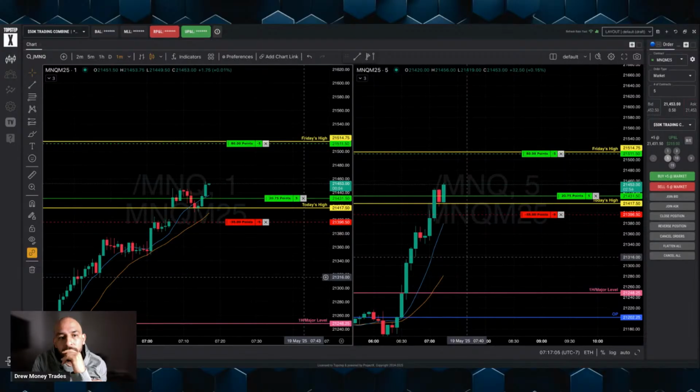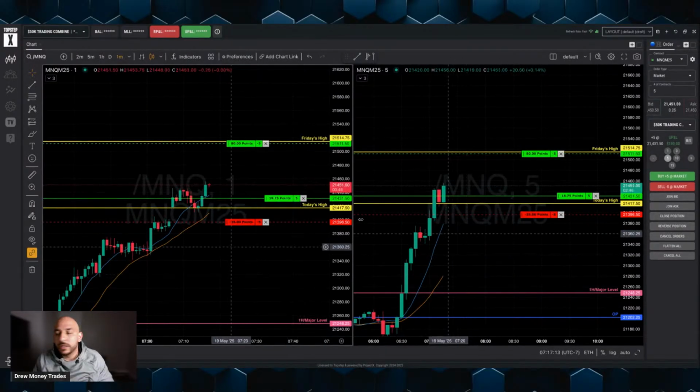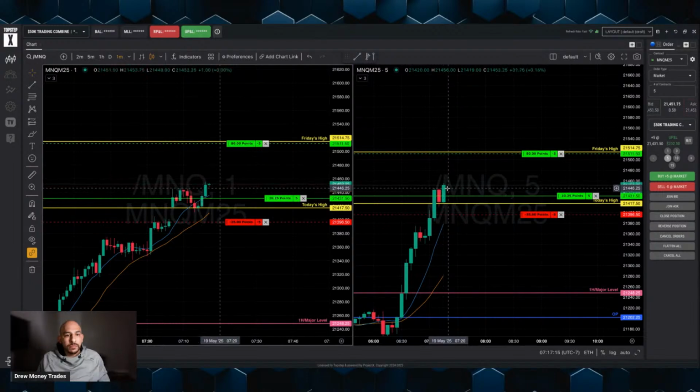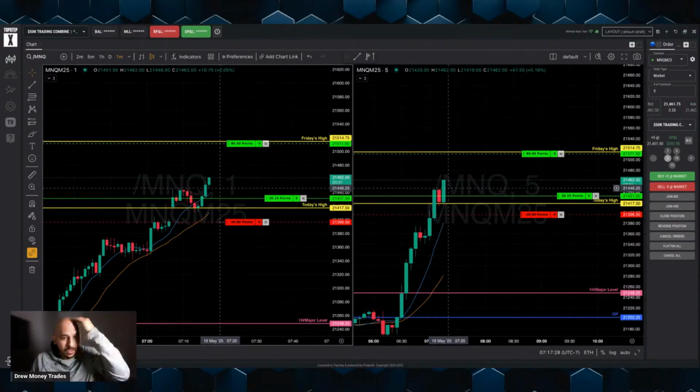Buyers are coming in good. Come on. Don't stall out. If you are, just hold this. What I needed to hold is this 45 area to continue up. That would be nice. There we go. Keep pushing.